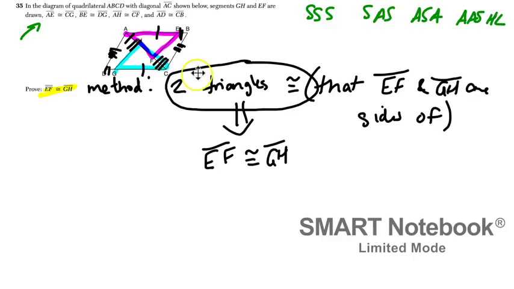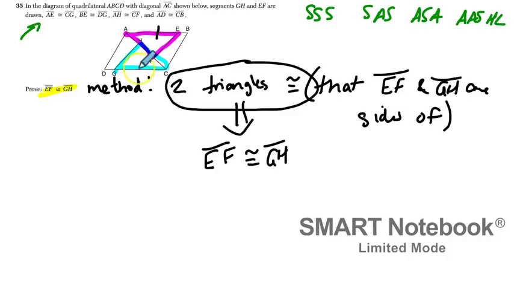So things that I'm noticing immediately, I've already got a side. I could probably do something with AF and HF to come up with another side. So I'll either need to come up with EF and HG being congruent, or I'll need to come up with these angles being congruent. Let's unmark some of these.